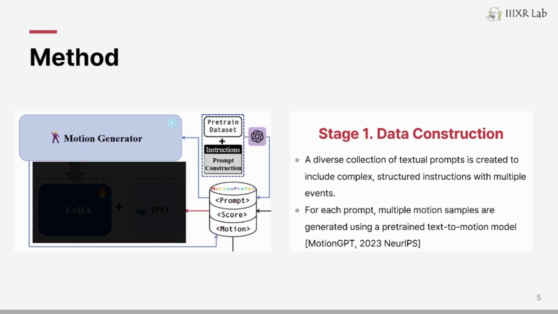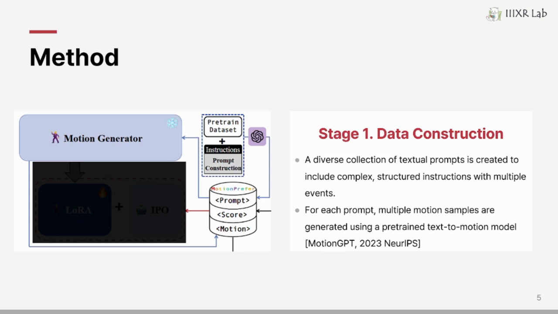The authors first curate a diverse set of text prompts that are intentionally rich in event-level structure. These prompts include multiple sequential actions, repetitions, and dependencies that test the model's ability to understand not just motion categories, but also the relationship between them.